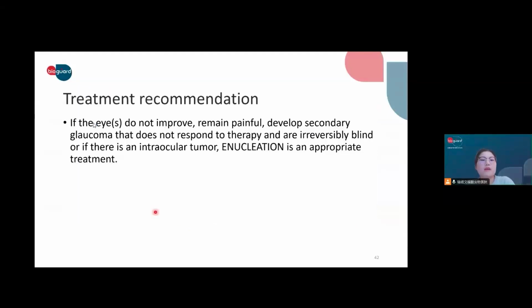Now, what is the recommendation we should give the owner? We need to let the owner understand that if the eyes do not improve, remain painful, develop secondary glaucoma that does not respond to therapy, and are irreversibly blind, or if there is an intraocular tumor, enucleation is an appropriate treatment.